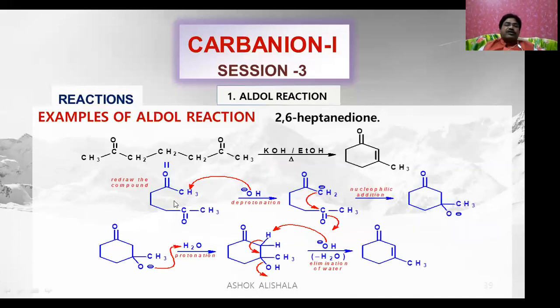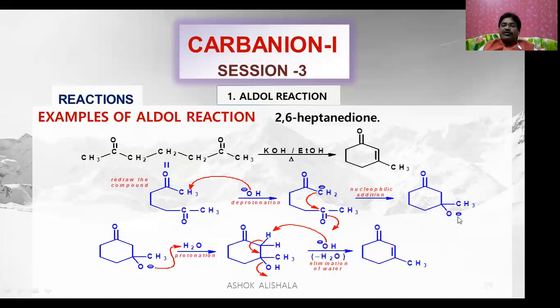As another example of aldol condensation, this is 2,6-heptanedione, and an internal aldol condensation also takes place. In the presence of potassium hydroxide, a carbanion is generated, so that it undergoes nucleophilic addition.